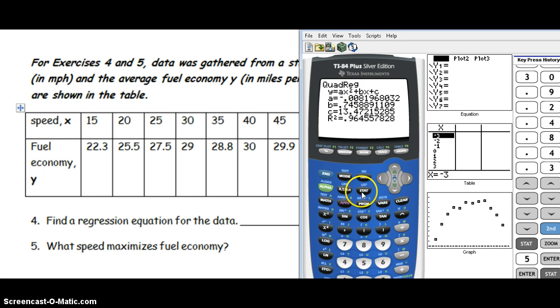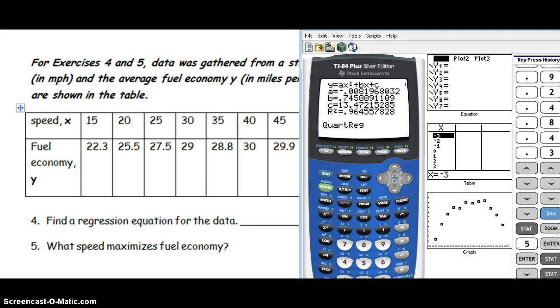So if you ran the quartic as well, that would be number 7. And they have your equation, and then you have to scroll down to see your r squared. Your quartic does have a higher r squared, so you could make a case for quartic as well.